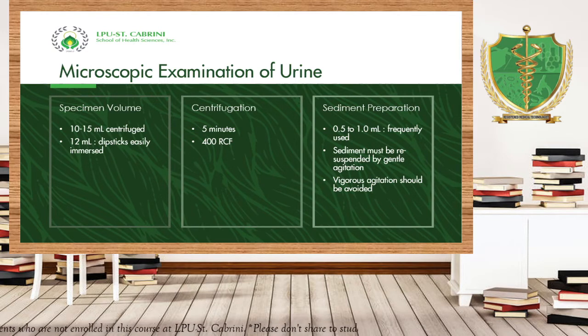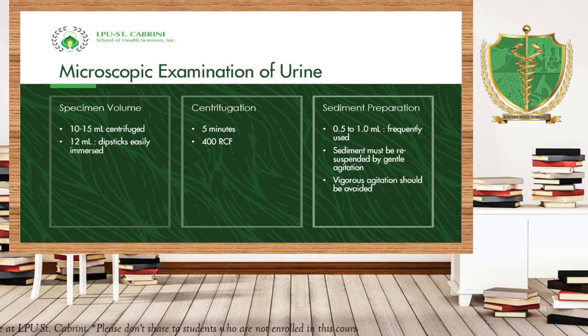For the sediment preparation, 0.5 to 1 ml. Sir, from 15 to 0.5 to 1 ml? Yes, because after 5 minutes of centrifugation, you are going to decant, which means you are going to dispose of the supernatant of the urine, and you will just examine the sediment, because that is what you need. The sediment is the one that you are going to evaluate under the microscope.